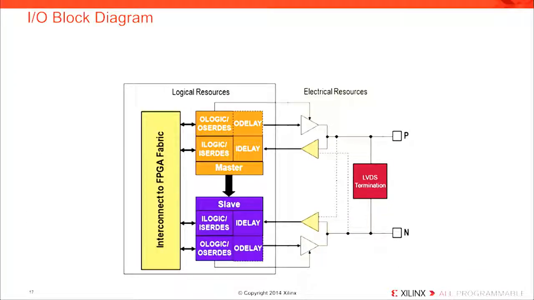So I/O block consists of 2 pins, okay, and 2 subcomponents. One is called electrical resources, the other one is logical resources. In electrical resources, the 2 pins are subdivided as positive end and negative end.